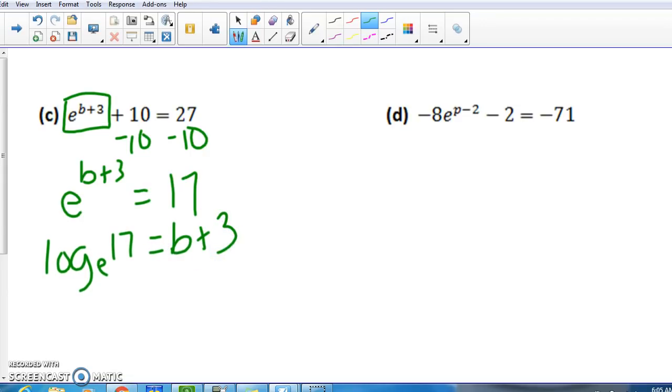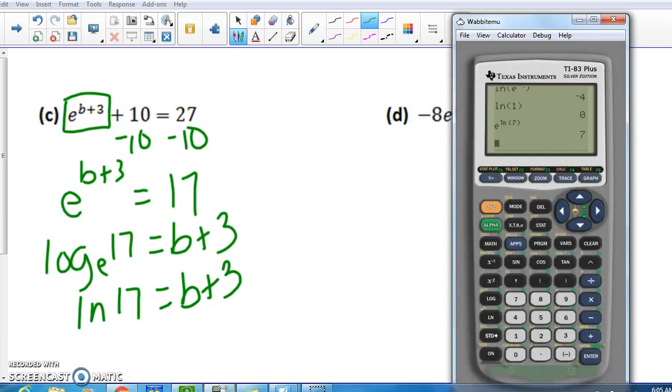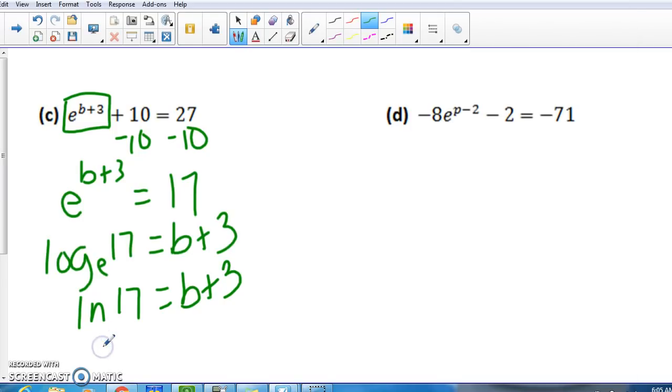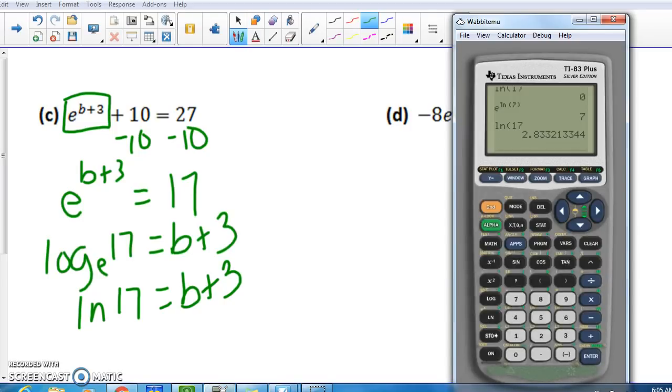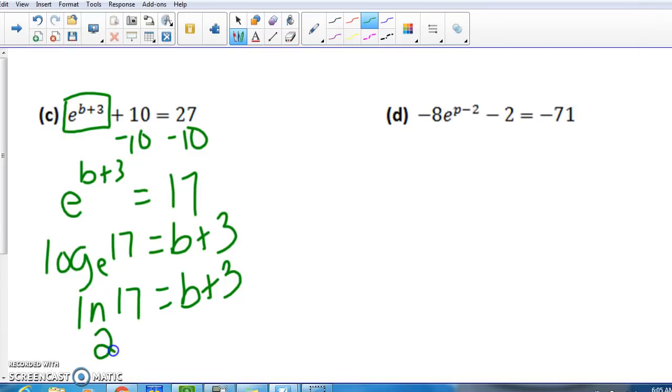Okay, well we said way back at the top of these notes, log base e is the same thing as ln. This is the same thing as ln of 17 equals b plus 3. Well, we go to our calculator, we find out what the ln of 17 is. That happens to be, still doing 4 decimal places, 2.8332.